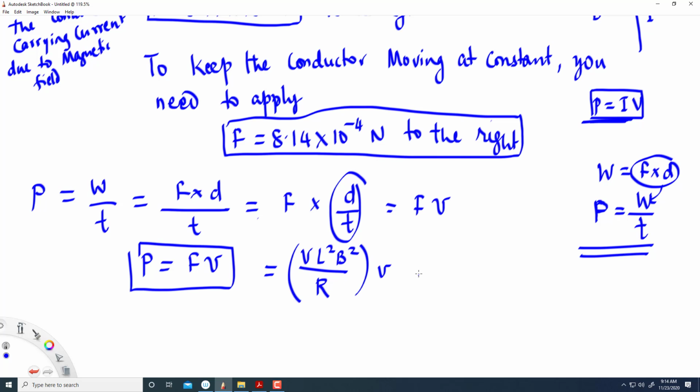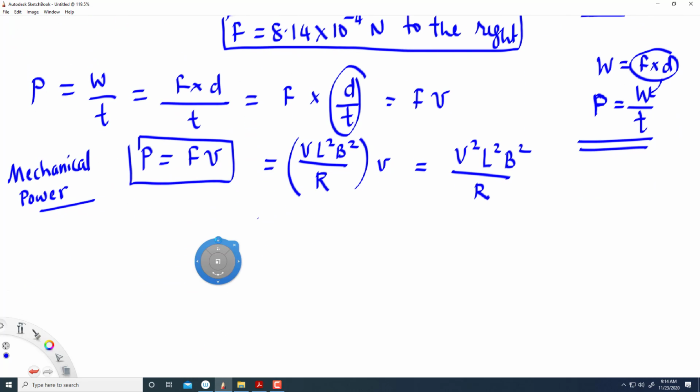So then power would be V squared L squared B squared over R. That's the expression for power, and this is mechanical power. So plug in the numbers. You can do it directly or plug the numbers in this one, whichever way you want.